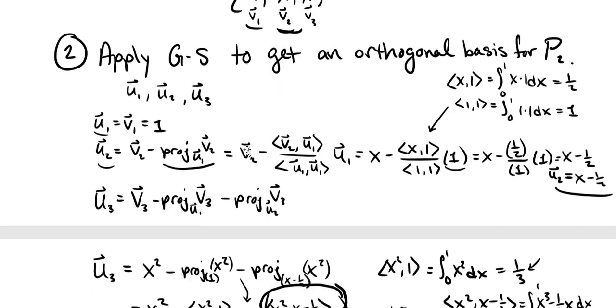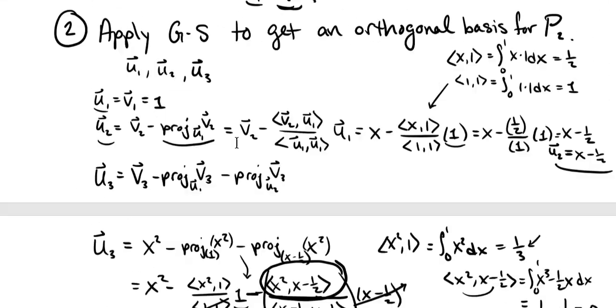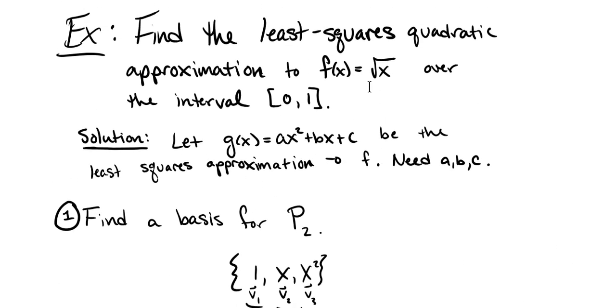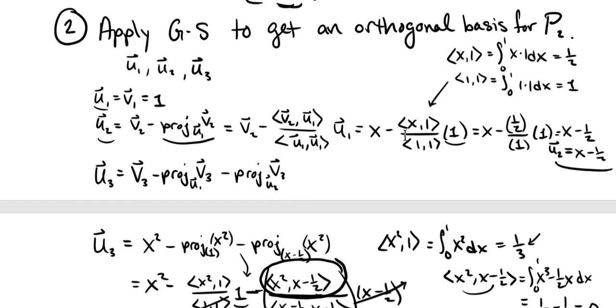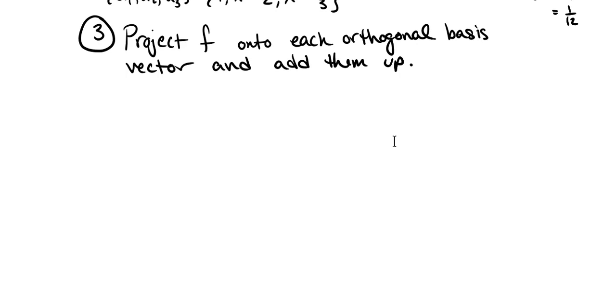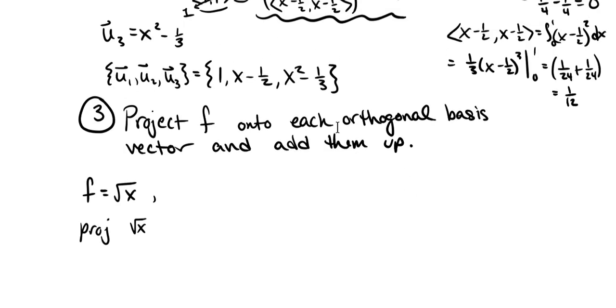Let's project f onto each of these guys. I suppose let's remember what f is here, square root of x. So we need the projection of root x onto that first basis vector, that's 1.